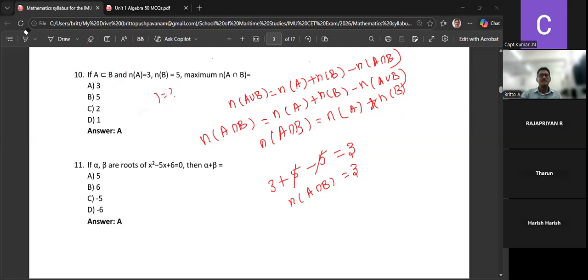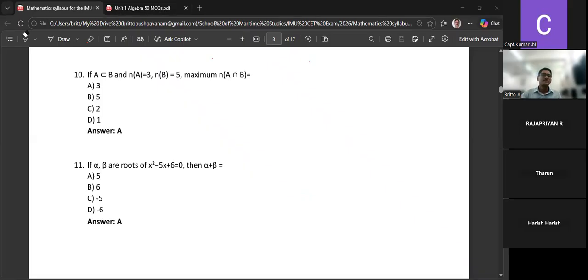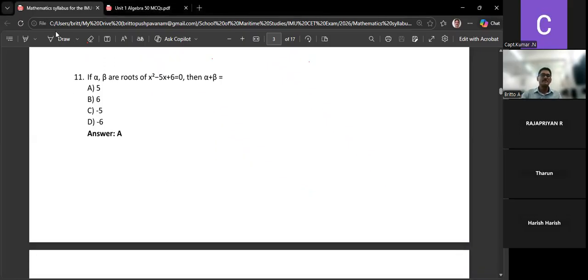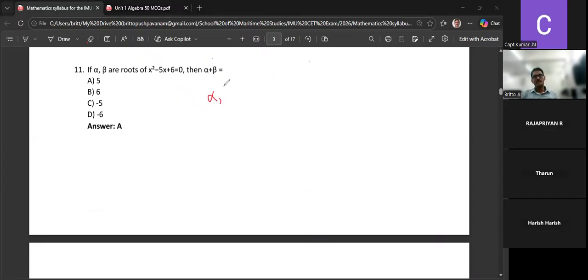Now we move on to question number 11. This is a question based on the quadratic equation. They are given the two roots, alpha and beta, the values of x of the quadratic equation.